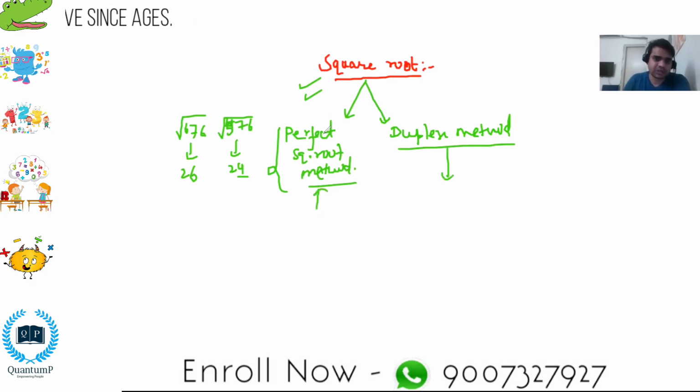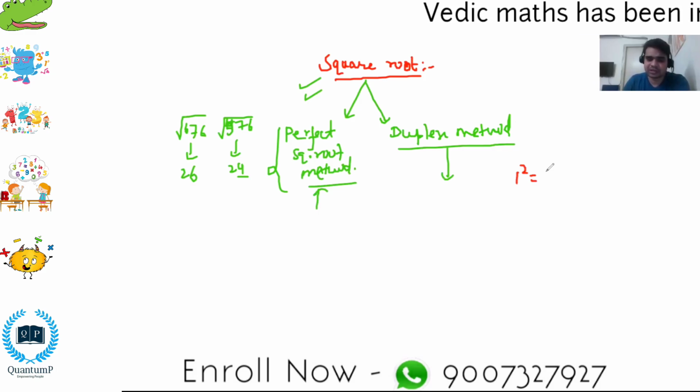For the perfect square root method, first we have to see the table of squaring, which we have already seen in the previous lesson.